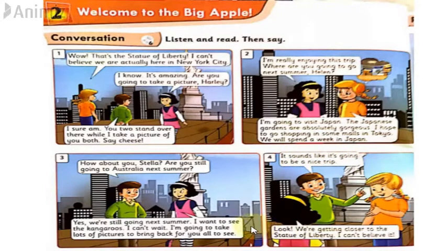Look is an expression, so we have put an exclamation point. Look, we are getting closer to the Statue of Liberty. I can't believe it! Exclamation point. So exclamation point is used when there are a lot of expressions or emotions to show.